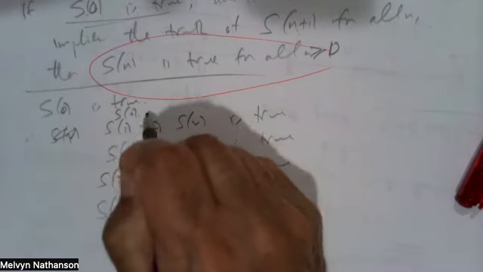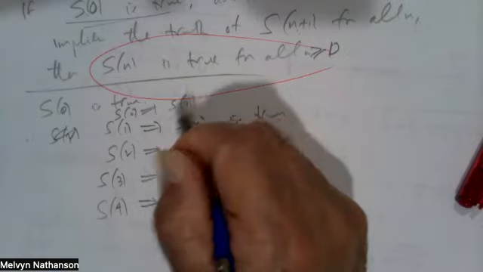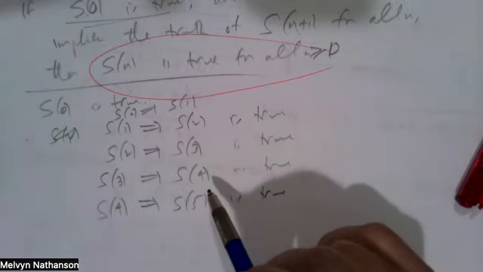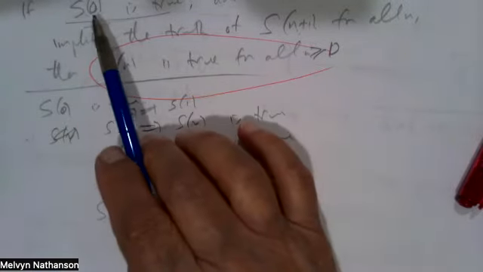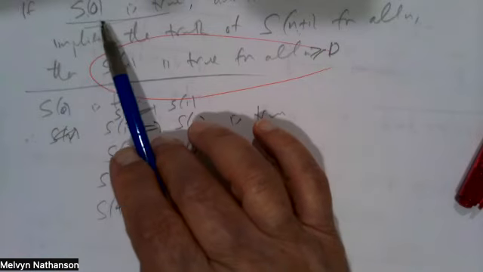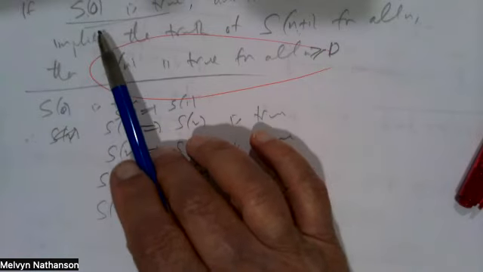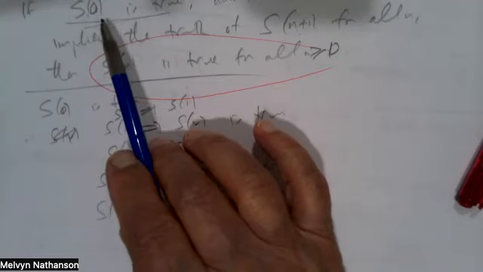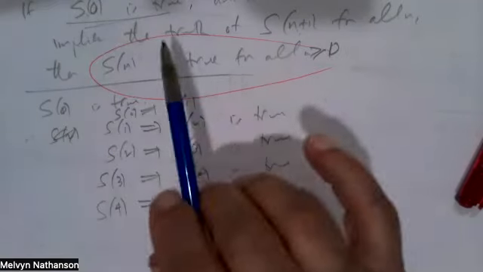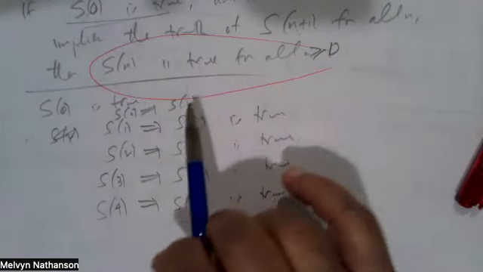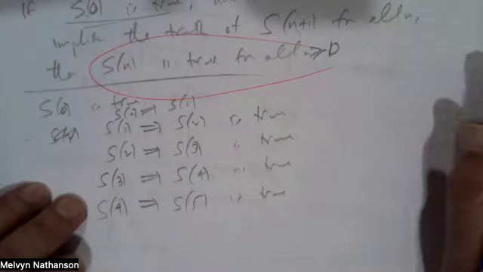Because S of 0 is true, S of 1 is true, and then you just continue along this way. So your starting point might be the statement about 0, or about 1. In fact, you could have any starting point, and then your statement is true for all subsequent integers. So this is the principle of mathematical induction.